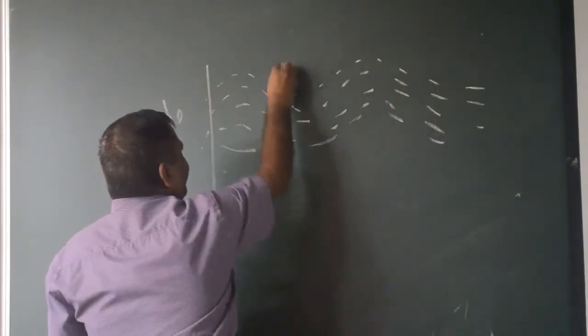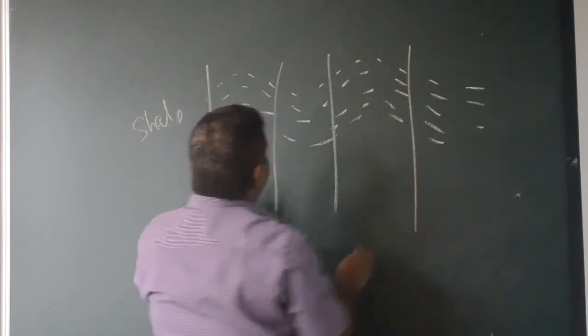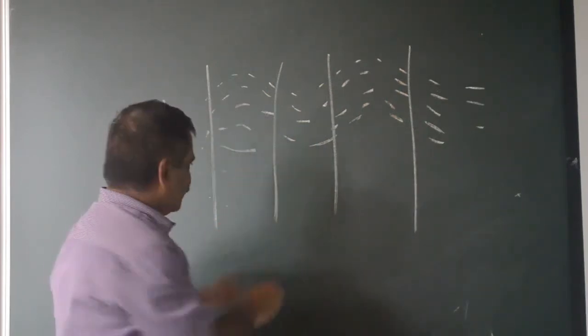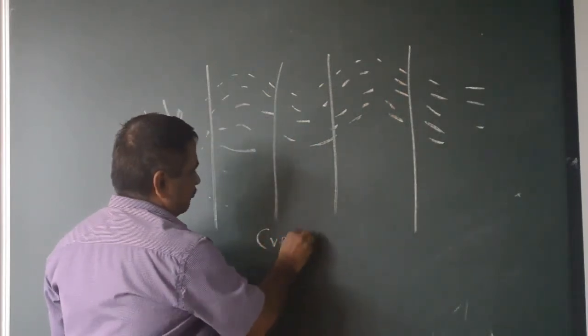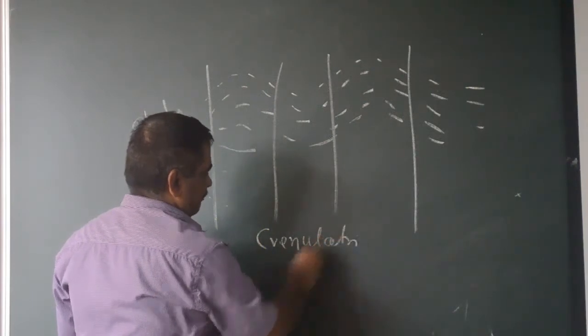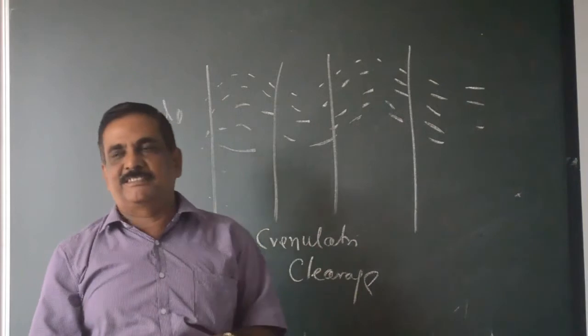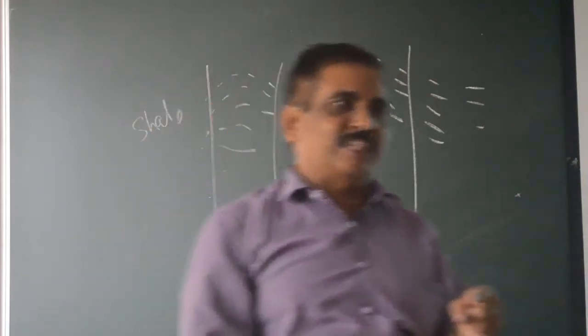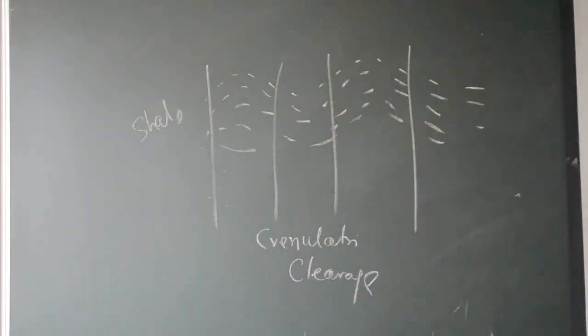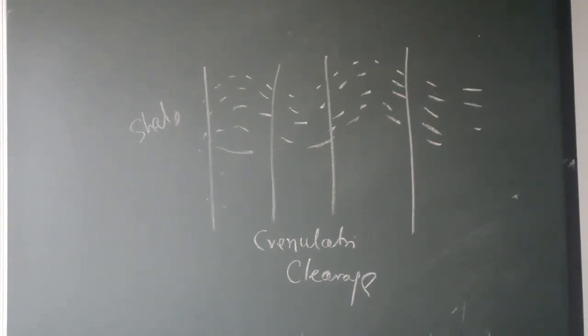Very big fractures will develop, like this, parallel to the axial plane of the granulation. So these are called granulation cleavage. You understand the meaning of granulation cleavage? Fractures develop parallel to the axial plane of the granulation or F2 fold. It is a granulation cleavage.